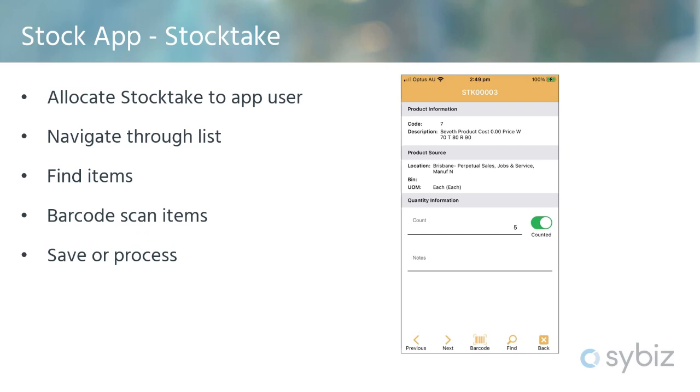If the Stocktake has been prepared in a way that is logical as people move through the warehouse to count, then they should be able to just go through to the next items and continue their count. So there is that option just to navigate through those lists, or you can find the items or use barcode scans as well. And again, you've got the save and process ability.